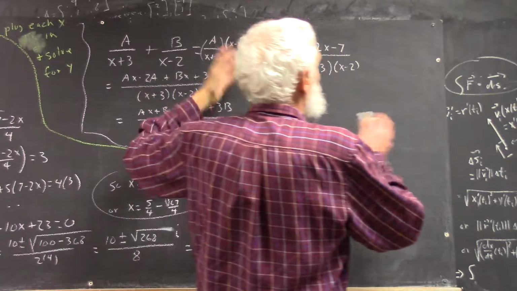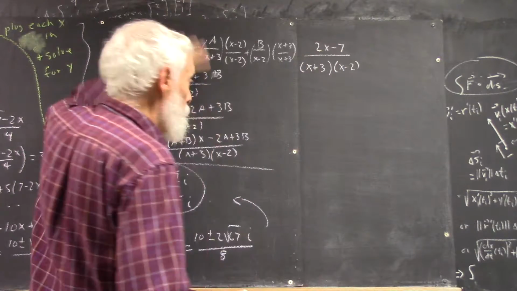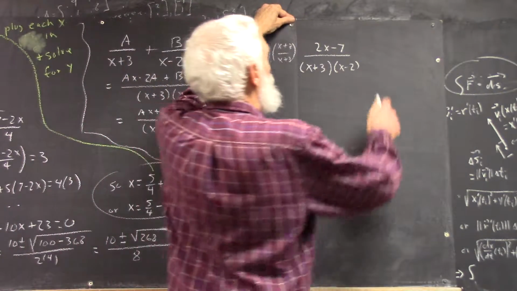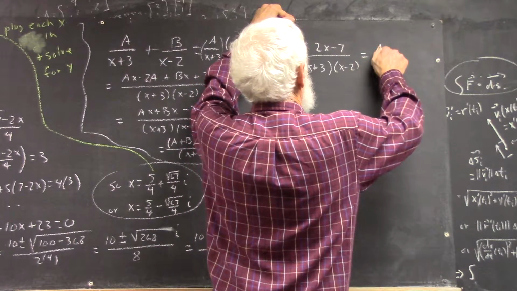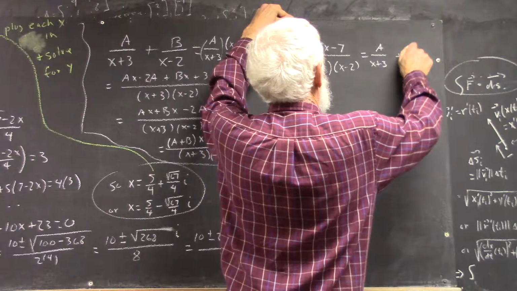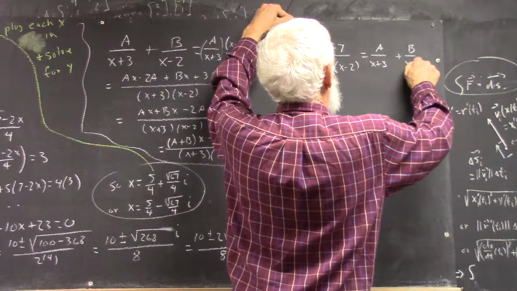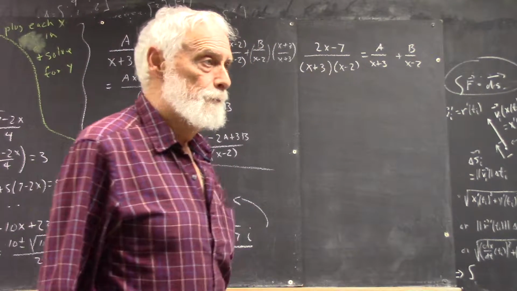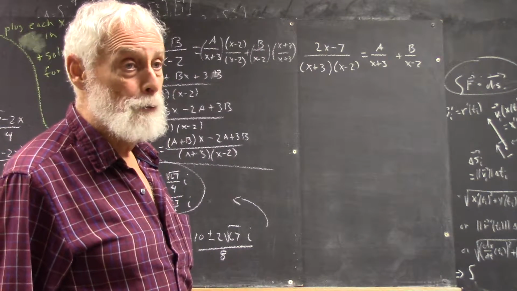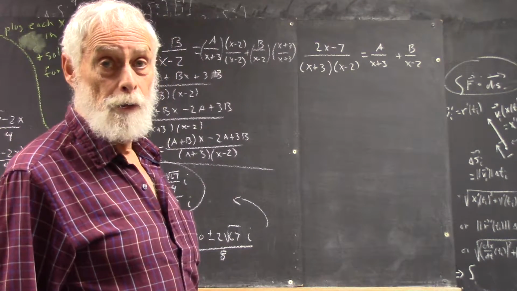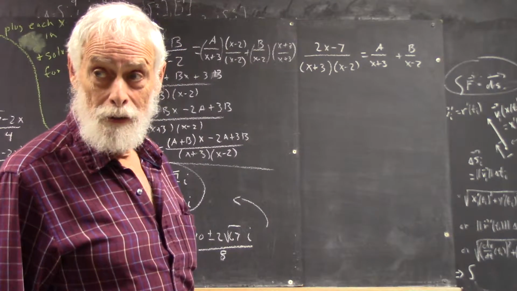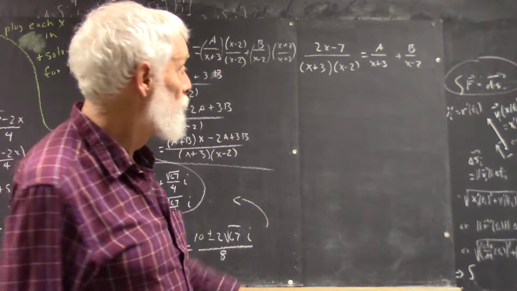So we're going to say, okay, we see this. We don't know this. But when we see this, we say, okay, well, geez, I know that I can write this as a over x plus 3 plus b over x minus 2. Okay? And there are good reasons you want to do that. If you take any kind of a calculus course that has a little integration in it, you have this thing called partial fractions.